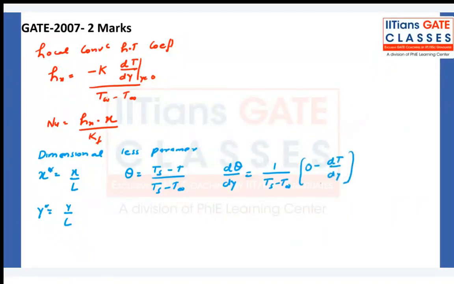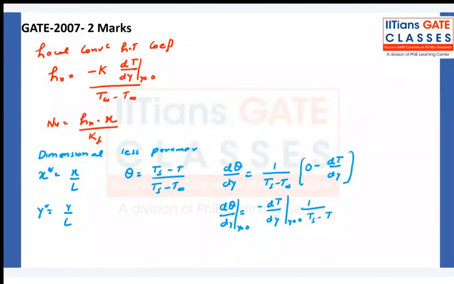So I can write d theta by dy is equal to minus dT by dy at y is equal to 0, times 1 upon Ts minus T infinity.